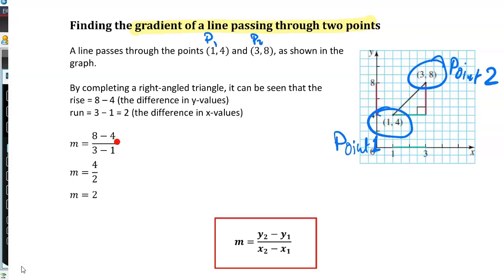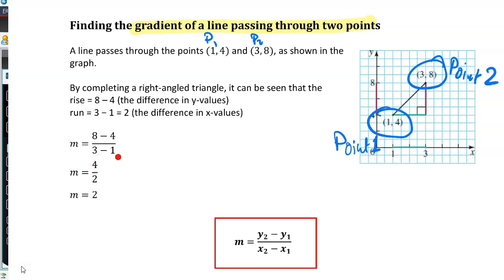So that's 8 minus 4. Now to get our run, I need to know the difference between the x value in point 2 and the x value in point 1. You can see why I tend to put that higher x value as point 2. So we will get a positive x value down the bottom here.